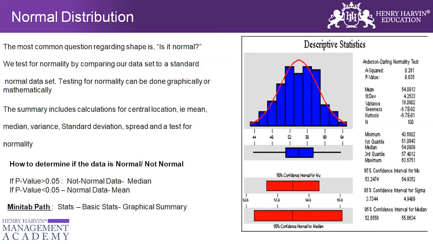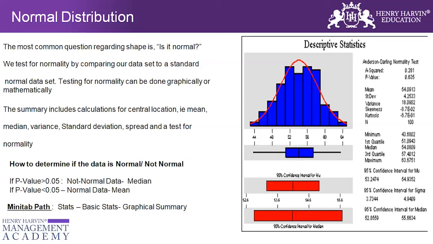We learned earlier that p-value is the probability value. The probability value tells whether my data is normally distributed or not. So if my p-value is greater than or equal to 0.05, then I would say my data is normally distributed.